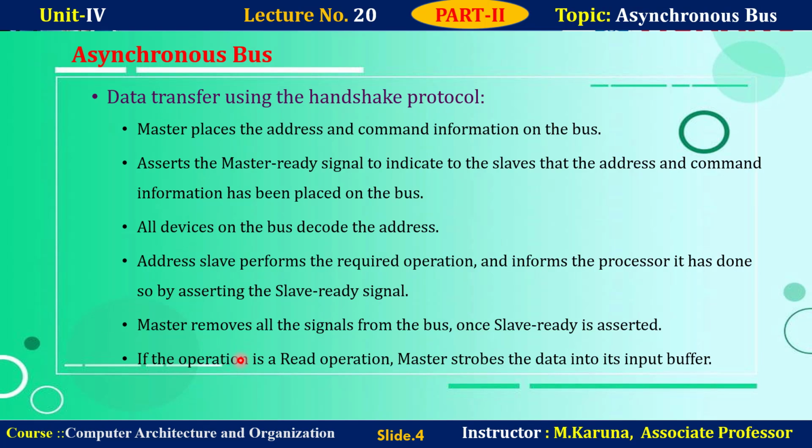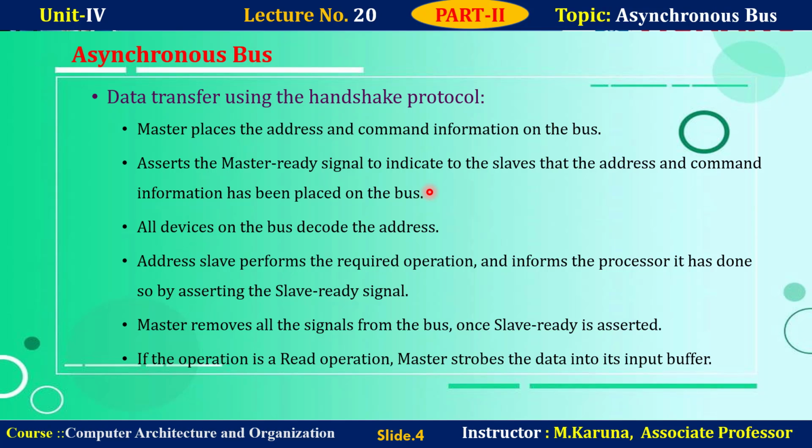Let us see how the data transfer is controlled by the handshake protocol. The master places the address and command information on the bus. The master ready signal is activated by the processor. It indicates to all devices that it has done so.